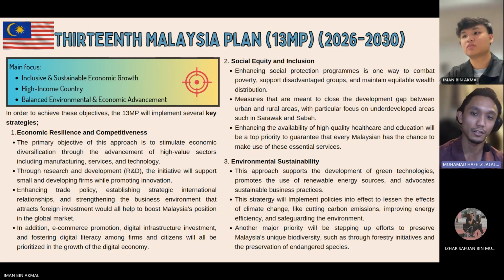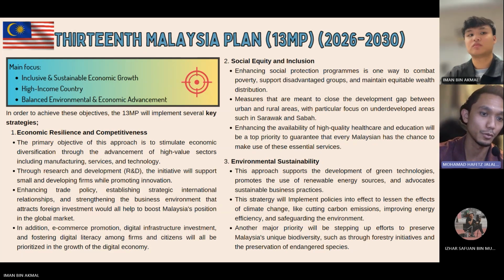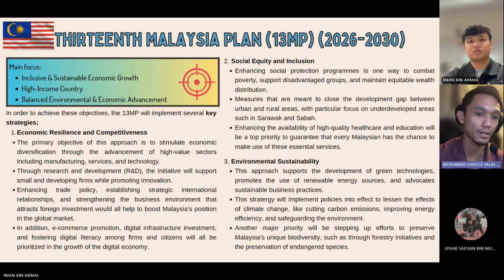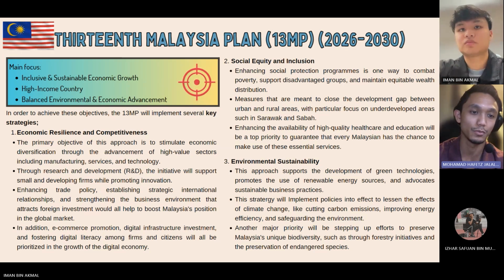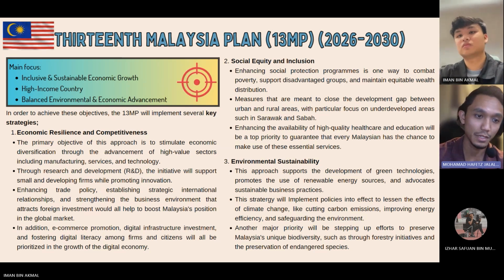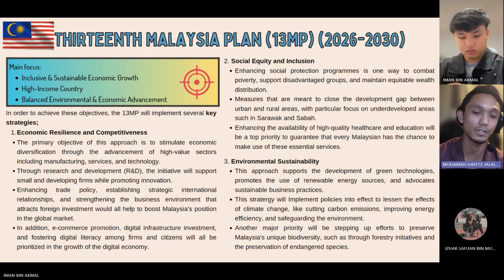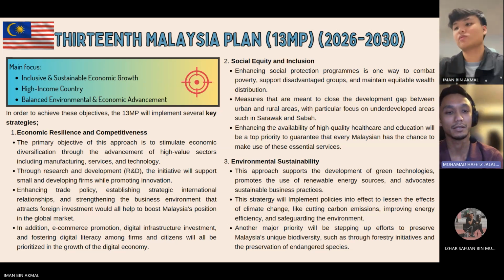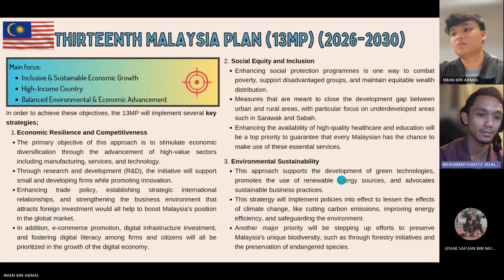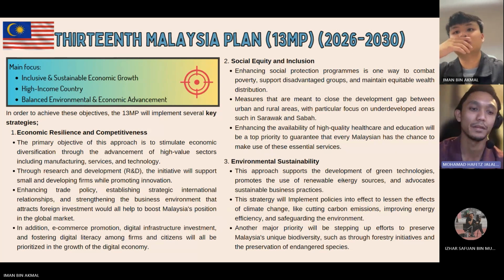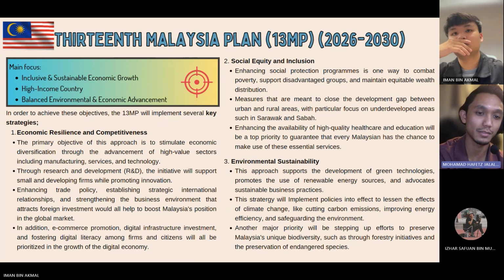The main focus of the 13th Malaysian Plan is to create inclusive and sustainable economic growth. The second main focus is to make Malaysia a high income country. The third one is balanced environmental and economic advancement.